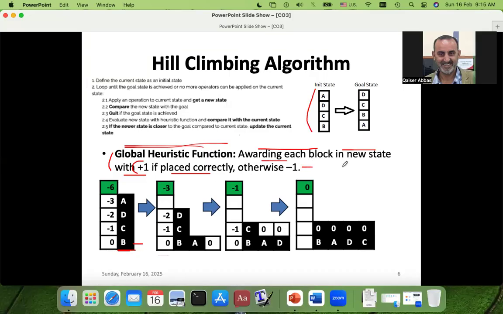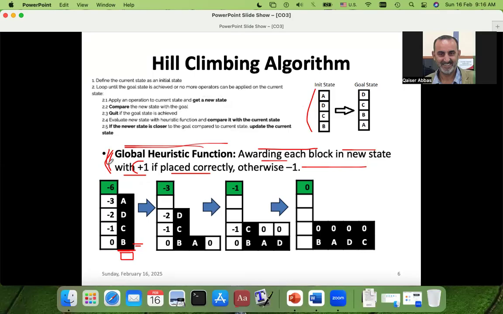Maybe I have to write this within this global heuristic function. But keep it in your mind that the value for the block that would be on the ground is 0. That is like a neutral. You cannot say that it is placed correctly because there is no block under it, so you cannot give any answer according to this heuristic.